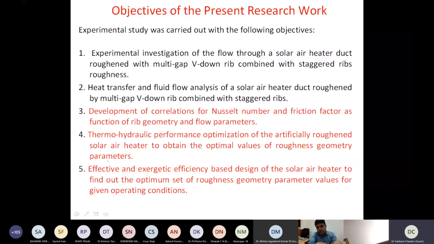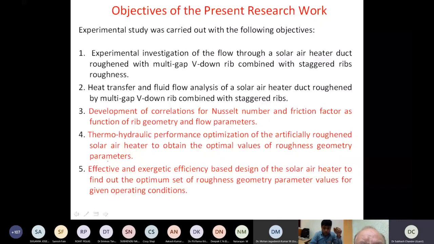You have to optimize the parameters related to it. If you are using twisted tapes, then the width of the twisted tape and the number of twists, all those things are to be predefined before implementing those alterations for a particular application, right?